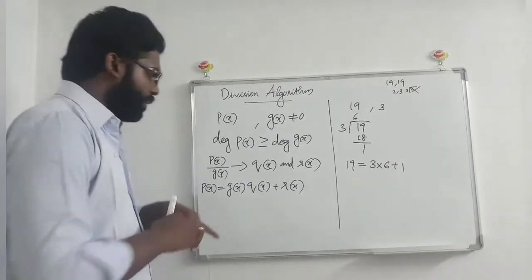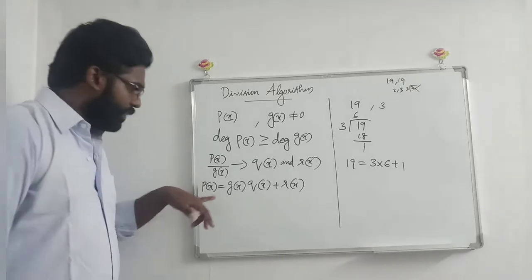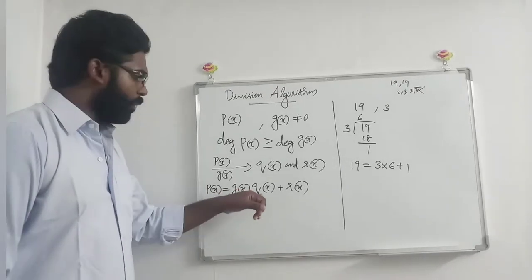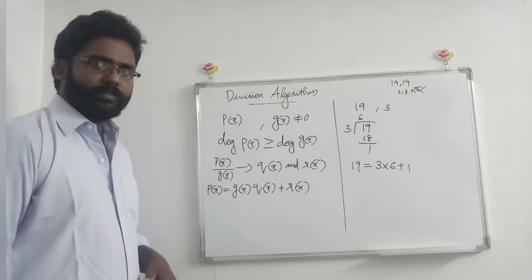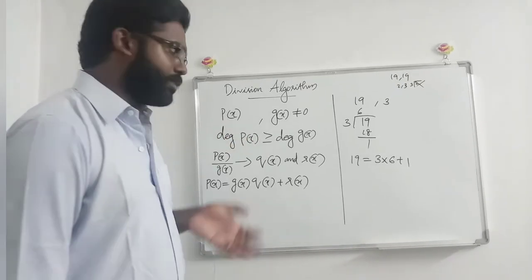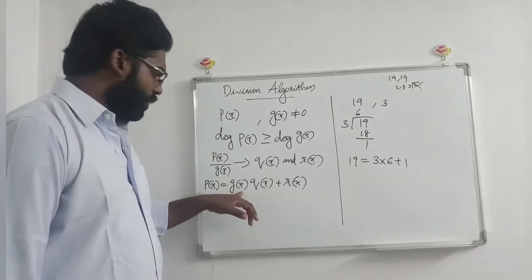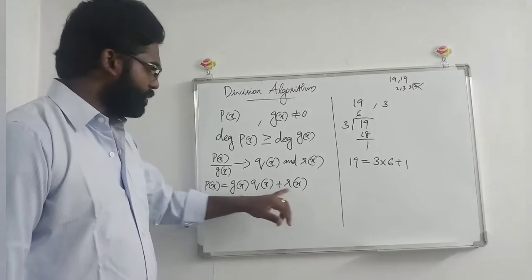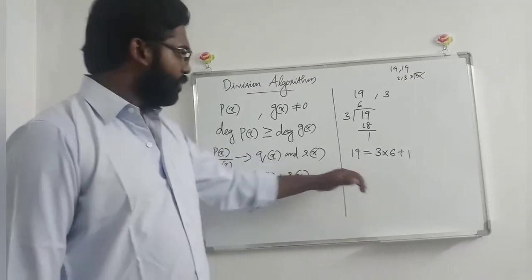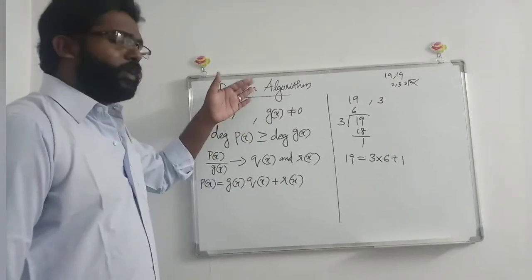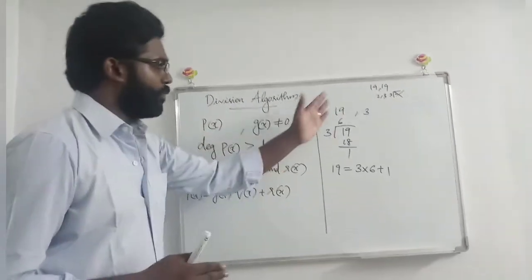In other words, dividend equals divisor into quotient plus remainder. Have you heard it? Yes. In previous years, dividend equal to divisor into quotient plus remainder. If you have any doubt with the polynomial, just convert it into simple numbers.